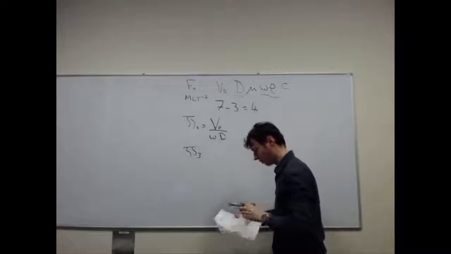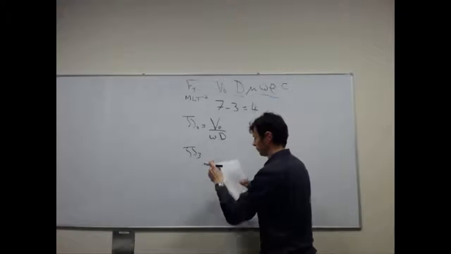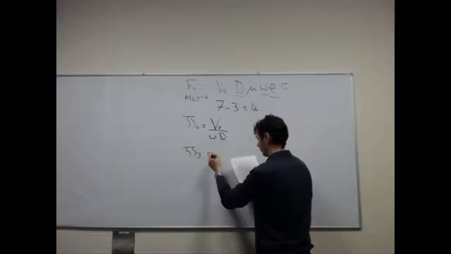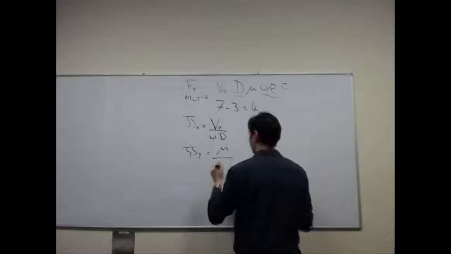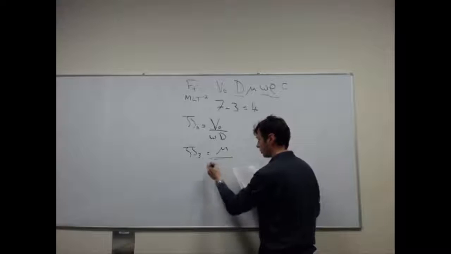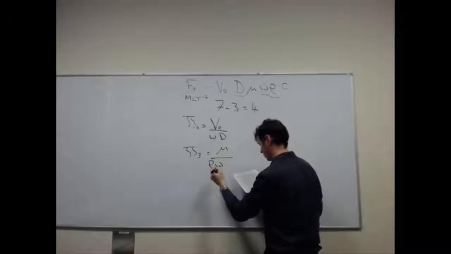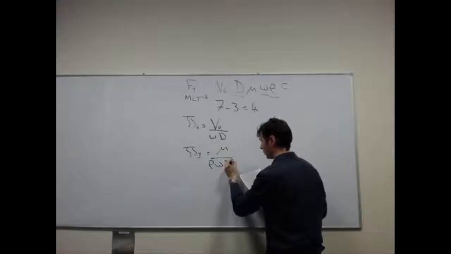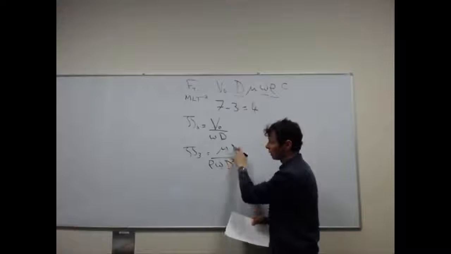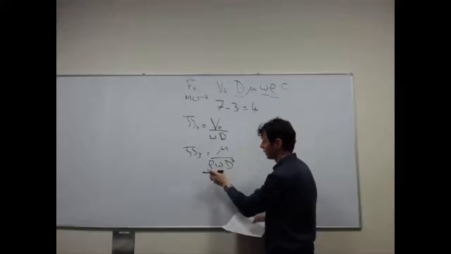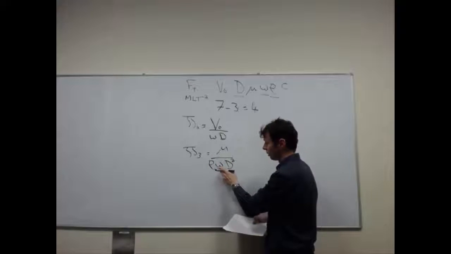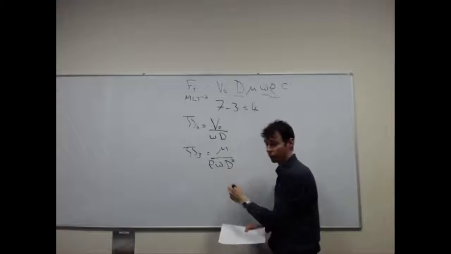The third pi group is the dynamic viscosity over density, angular velocity, and square of the diameter.